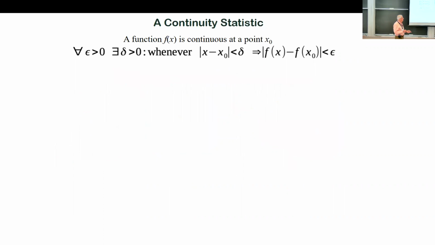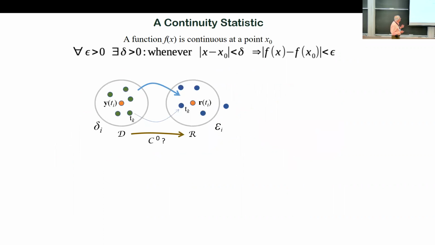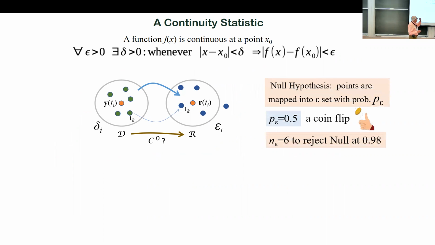Now, what does that mean, make it work? Well, if you're mapping points from the domain into a range, we need a null hypothesis as a statistic. And my null hypothesis is that the points from some delta will drop into that epsilon with the probability of a coin flip, 50-50, which isn't very high.